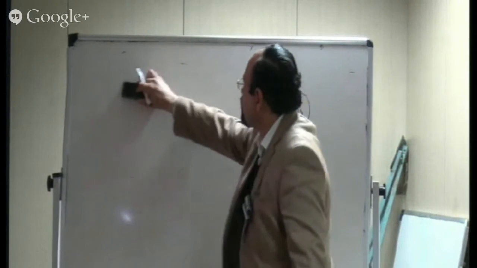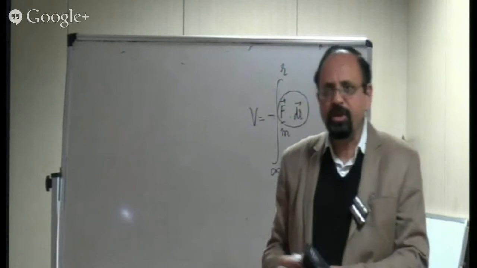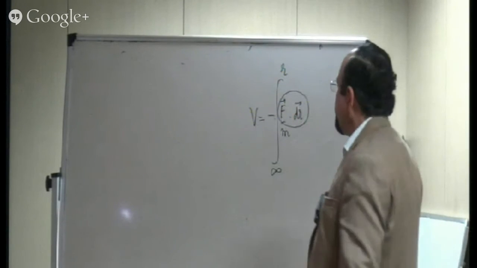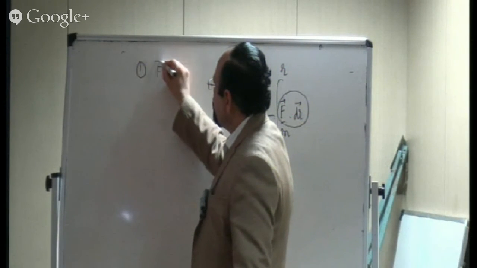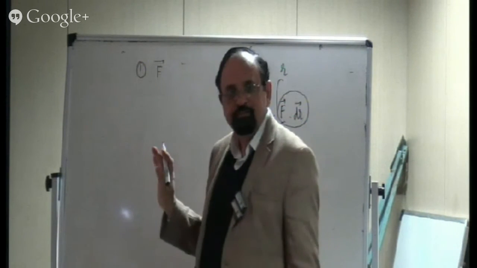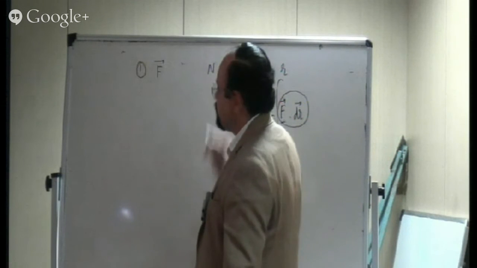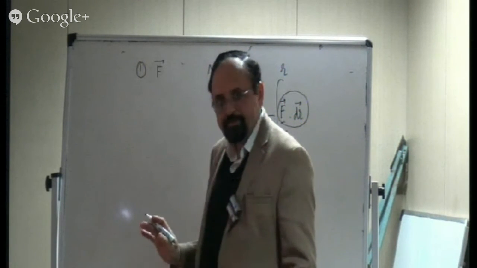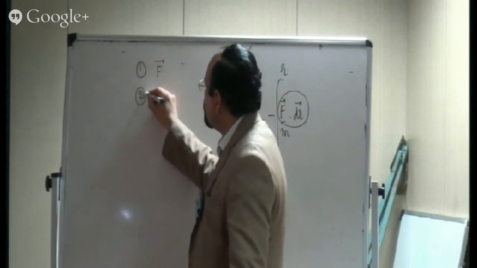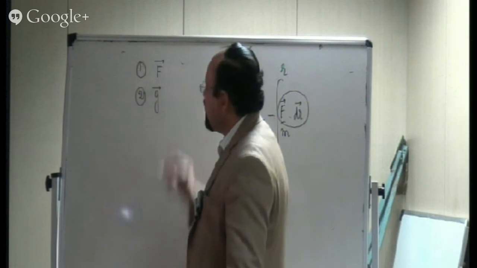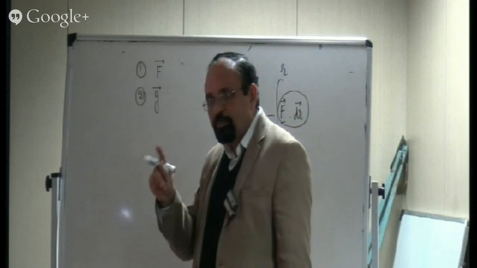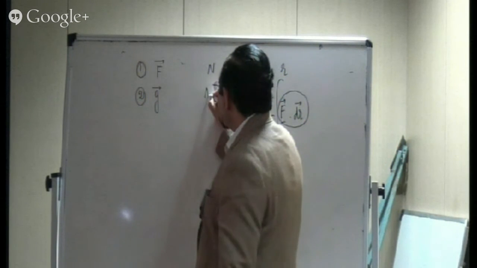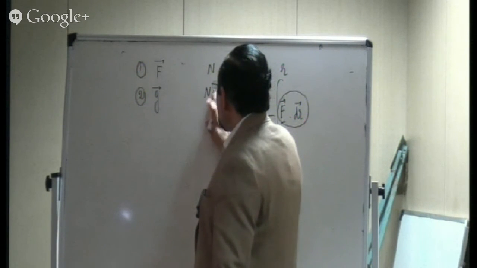Let's collect, before we proceed to the next slide, some of the quantities which we have discussed so far. So many quantities we have discussed. First, force. It's a vector, unit is Newton. Agreed? The second quantity we took, gravitational field intensity. This was gravitational force per unit mass. So its unit was Newton per kg.